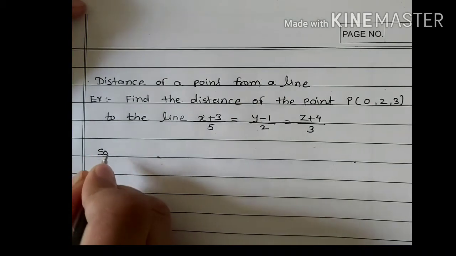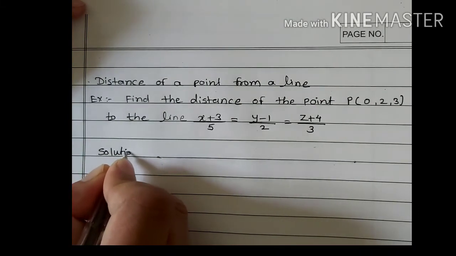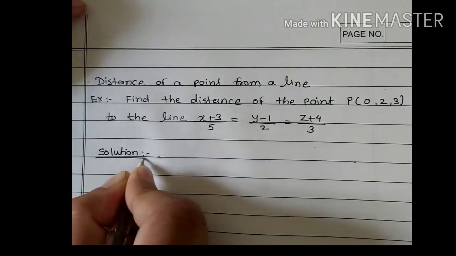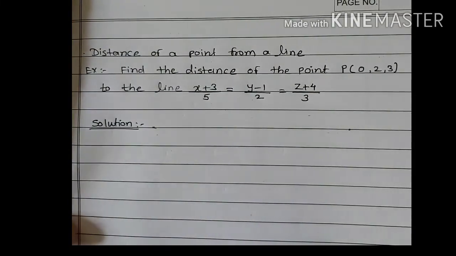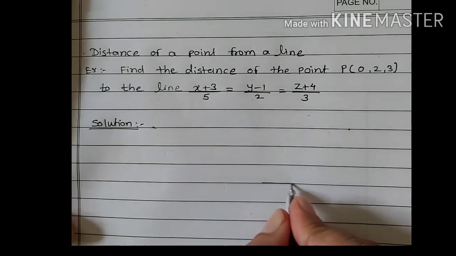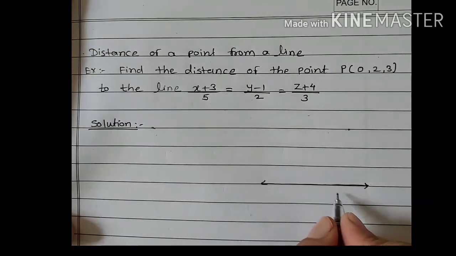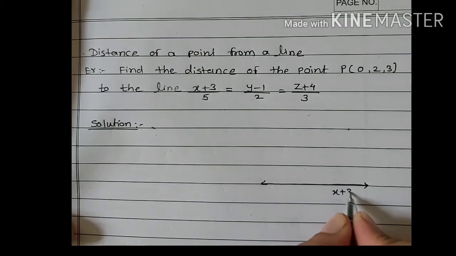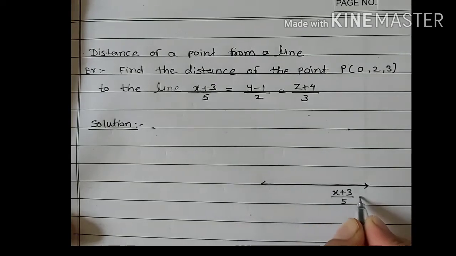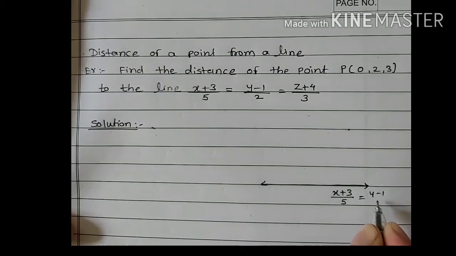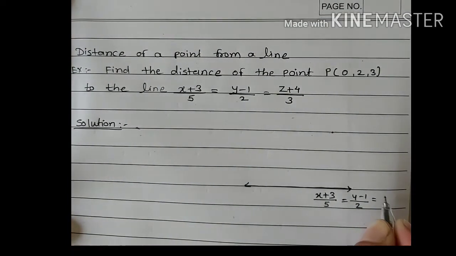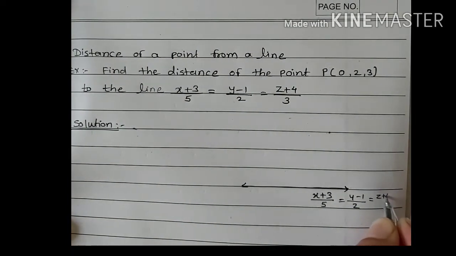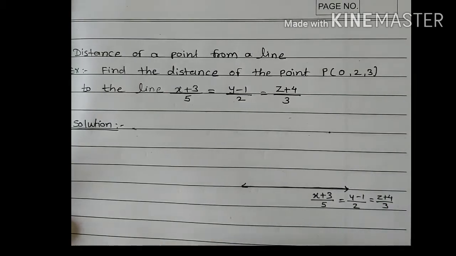To find out distance of that point P from the line, let us see geometrically. Suppose we take a line here, with equation (x plus 3) upon 5 equal to (y minus 1) divided by 2 is equal to (z plus 4) divided by 3.